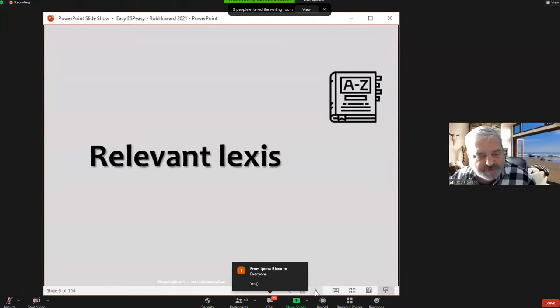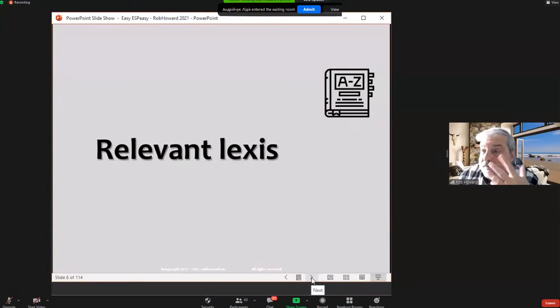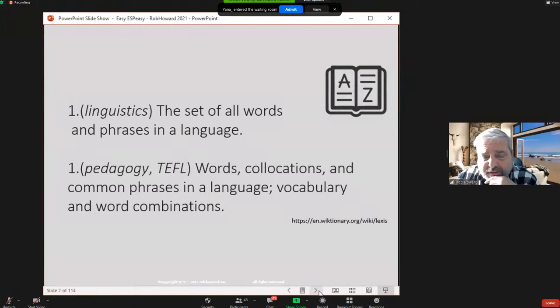Now, first thing, the most important part, I think, with ESP is the relative lexis. And this is really where we have the differences between the specific purposes that we're working with. And everybody has got different vocabulary they work with. But they're using the same grammar, the same structures, everything else should be the same. So it's just a matter of understanding the vocabulary and how we put together the phrasing that they use.